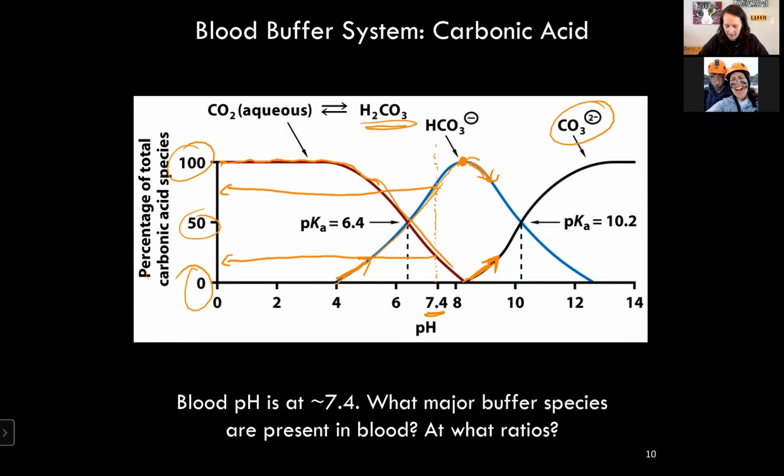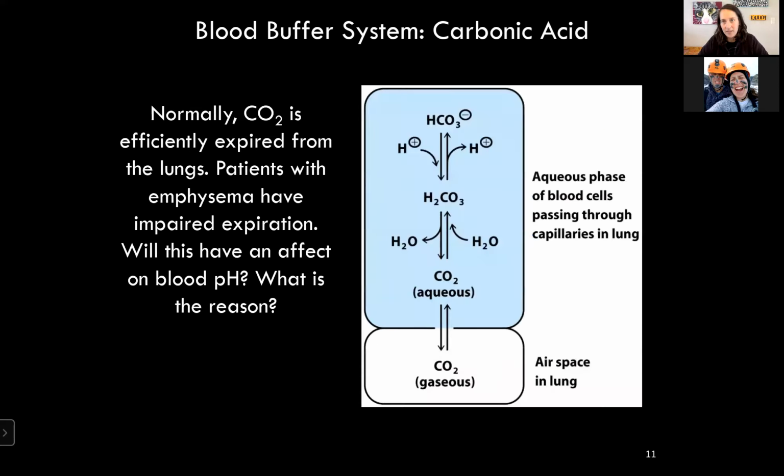One last thought about the blood buffer system. The cells are giving off lots of carbon dioxide, and it's moving into the blood. It's reacting with water to give you carbonic acid, which readily deprotonates to some extent, so you've got these two species present.